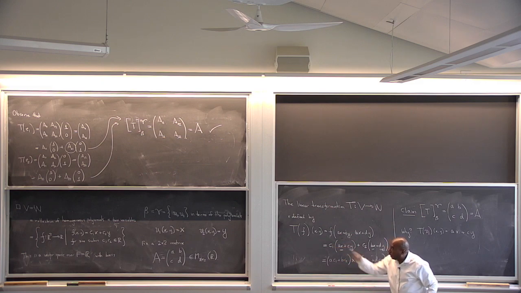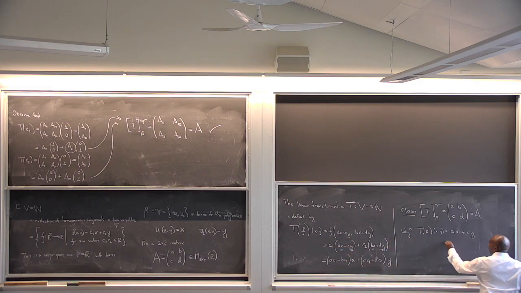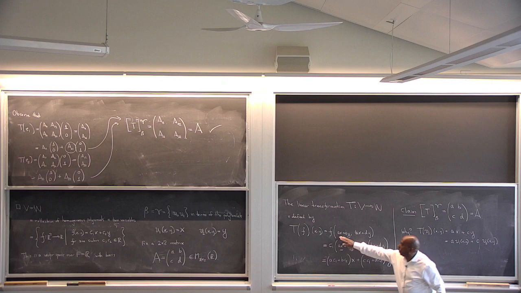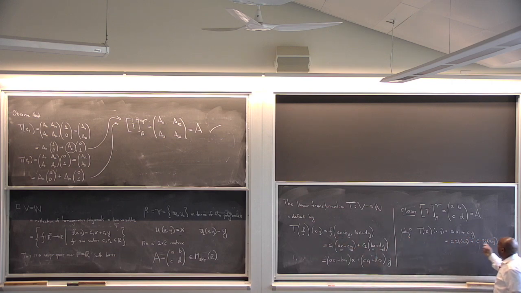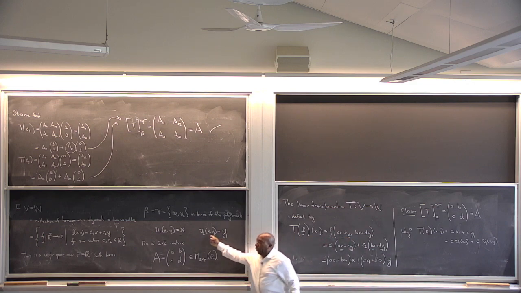And now I can write that in terms of this basis. So this will be AV1 plus CV2. Again, this is just the x-coordinate of this, and I want to write it as a linear combination of my two functions, v1 and v2.